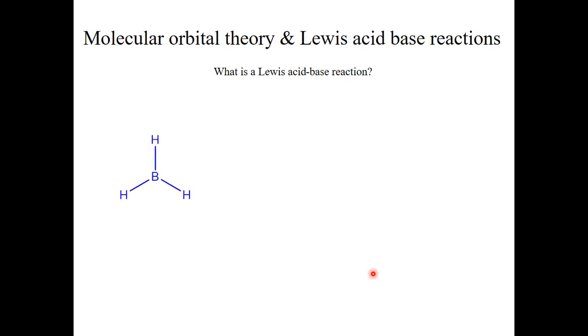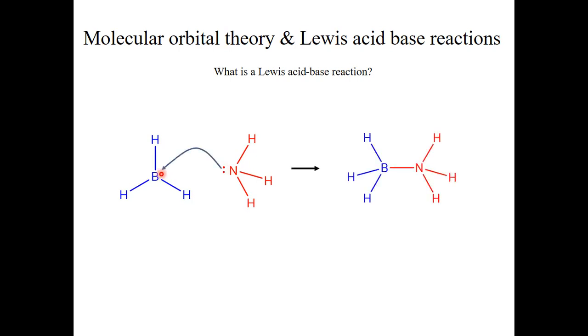Okay, so here's an example. Here we have BH3, so this is a Lewis acid. Here we have NH3, which is a Lewis base. So the NH3 can donate its electron pair to that borane to make a covalent bond between boron and nitrogen. So this would be a dative covalent bond.